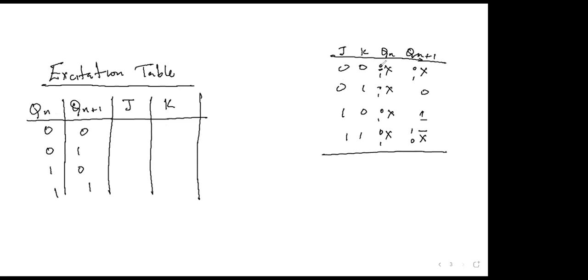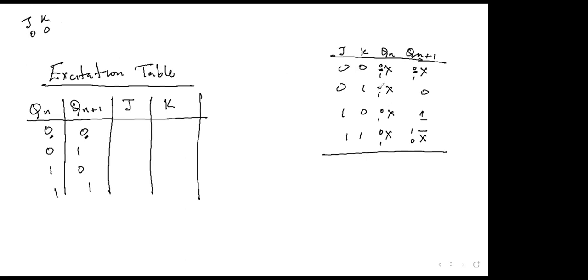If I look in the table and I want to remain at 0, the present value of Q is 0 and the next value is 0. One of the values of J and K would be 0 and 0.